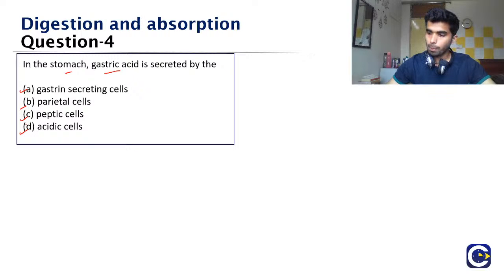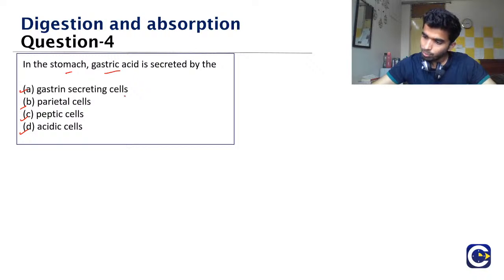I am waiting. Gastric acid is secreted by which of the cells present in the stomach? Is it gastrin secreting cells, parietal cells, peptic cells or the acidic cells?